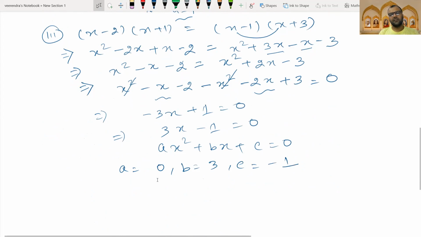So here we can see the value of a is 0. So it is not a quadratic equation. It is a linear equation.